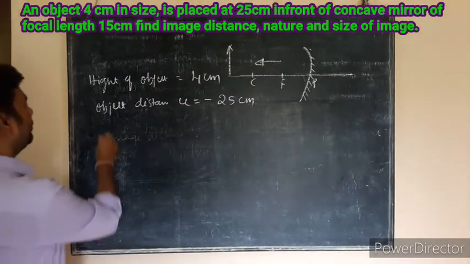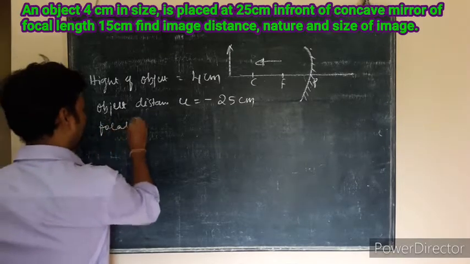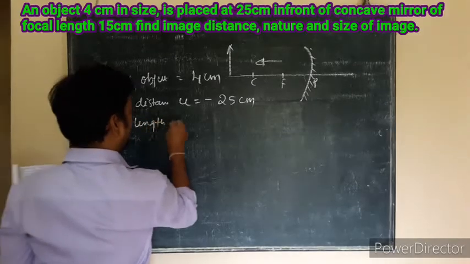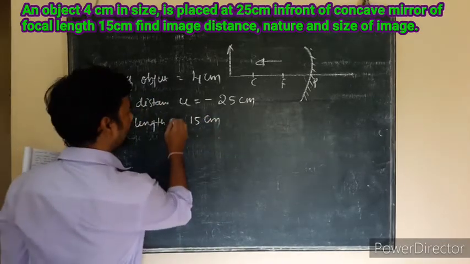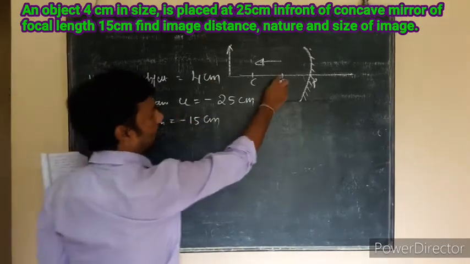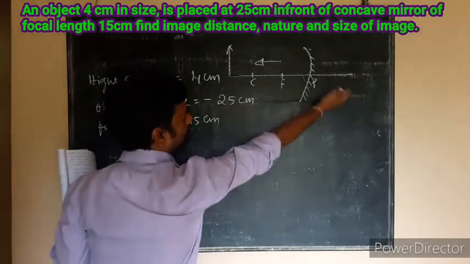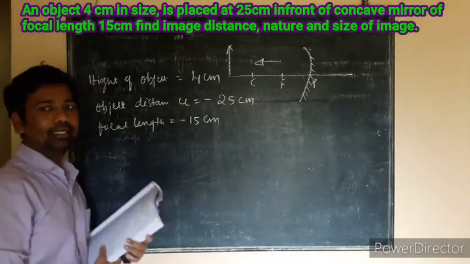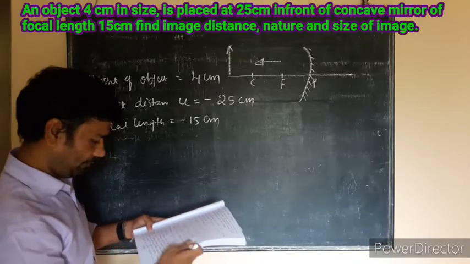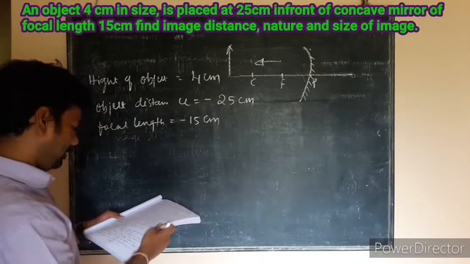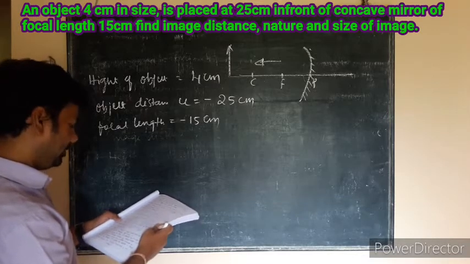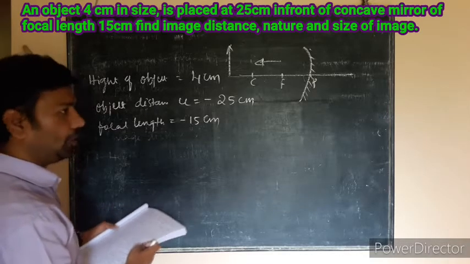And the focal length they have given, focal length of 15 centimeter. What about the focal length, positive or negative, you need to consider. Again focal length will be here only, not that side, so you should consider it as negative, minus 15 centimeter. So at what distance from the mirror the screen should be placed to get a sharp image?